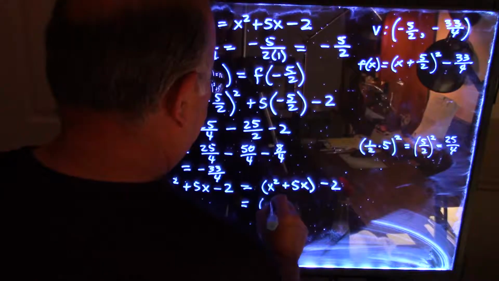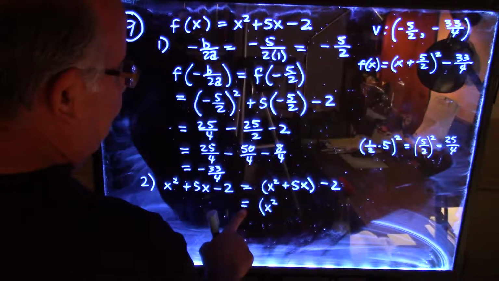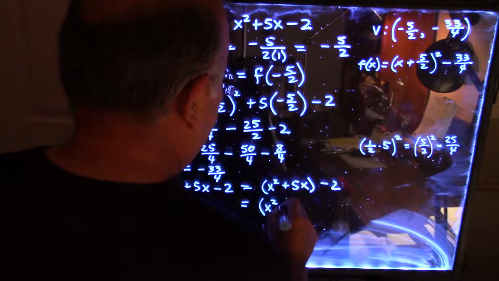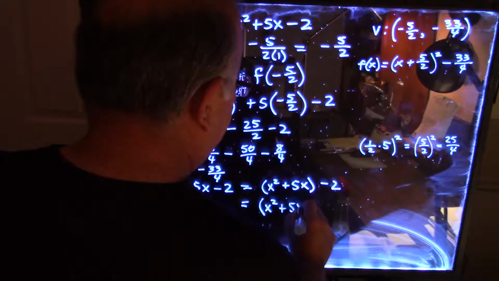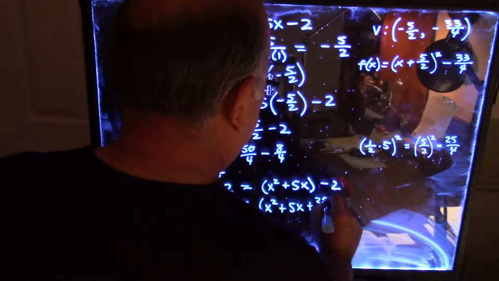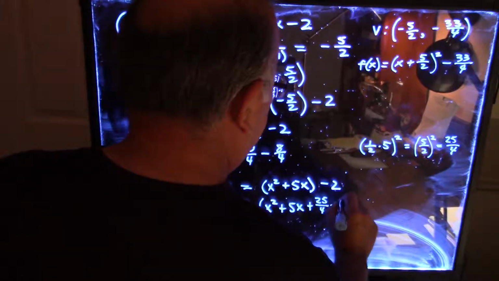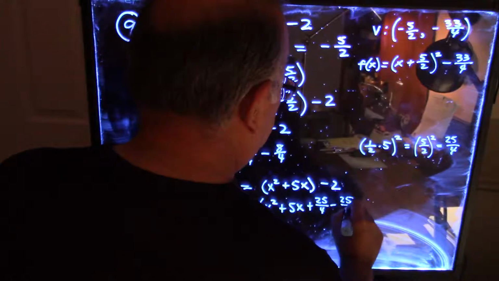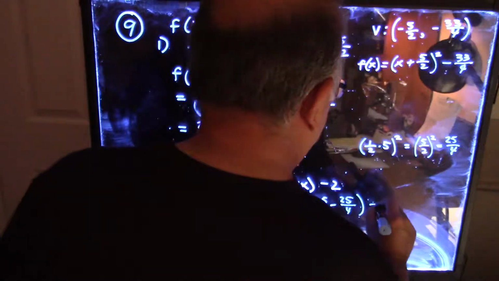So you're adding 0, which continues to be equal. So x squared plus 5x plus 25 fourths minus 25 fourths in parentheses, and then minus 2.